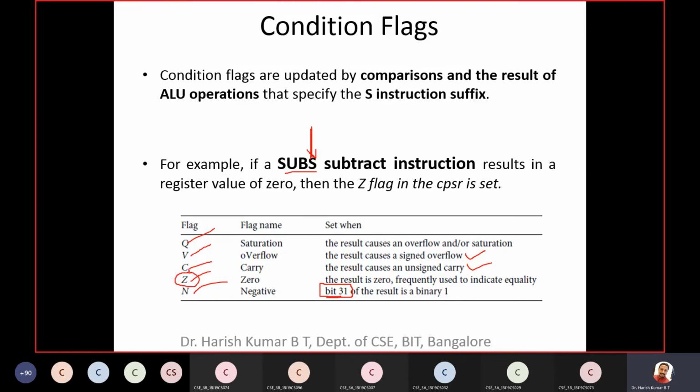Now, if I don't want the flag registers to be affected, I do the subtract operation without the S suffix. You just write the instruction as SUB and specify the operands. It subtracts and will not affect the zero flag. If you want the zero flag to be affected, you have to use SUBS. Hope you understood.